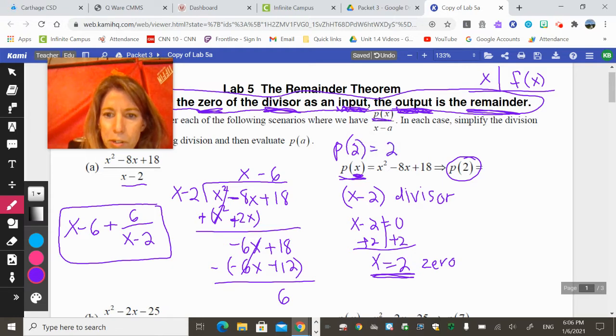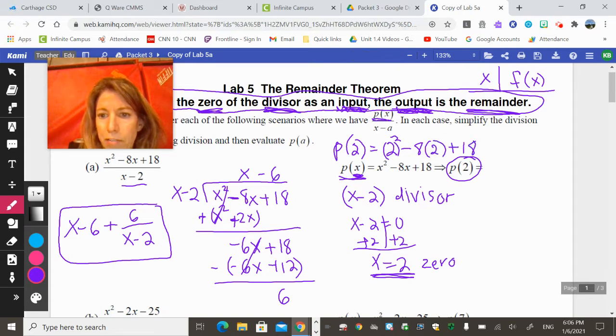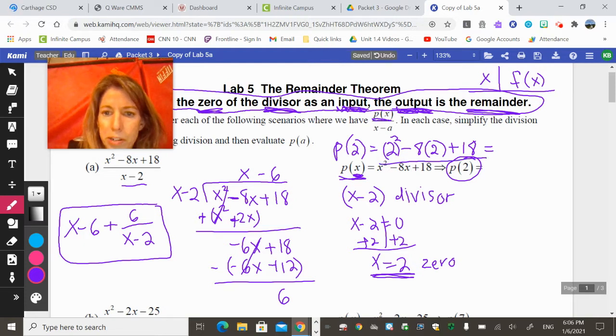I'm going to substitute a 2 every time I see x, and really I should put parentheses around these anytime I substitute something. When I evaluate this, you can type this whole thing into your calculator, or you can use order of operations. This would be 4 minus 16 plus 18, and that would be the same thing as negative 12 plus 18, which is a 6.